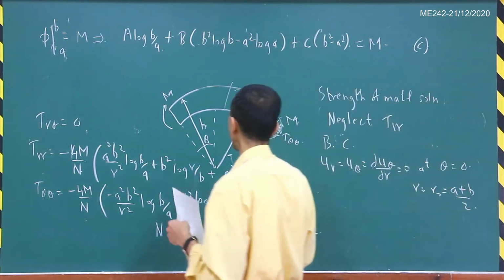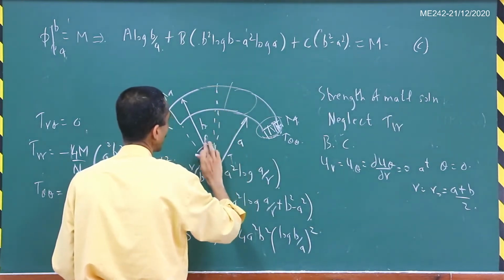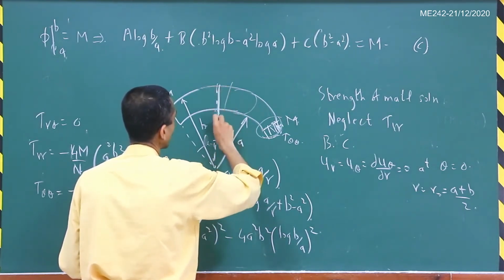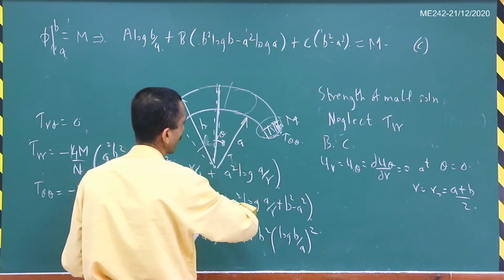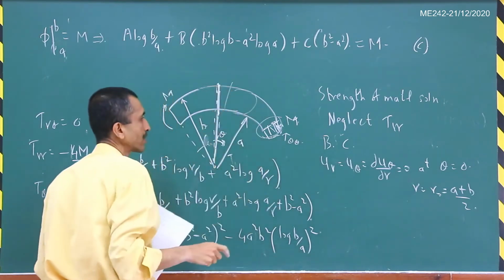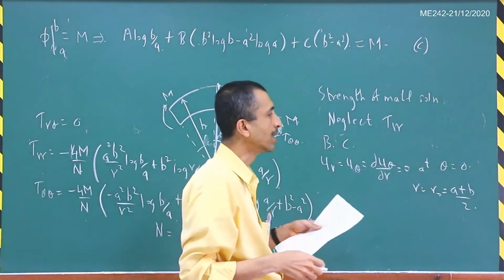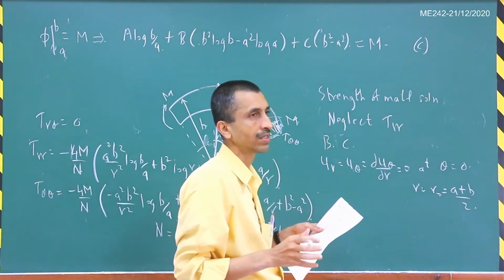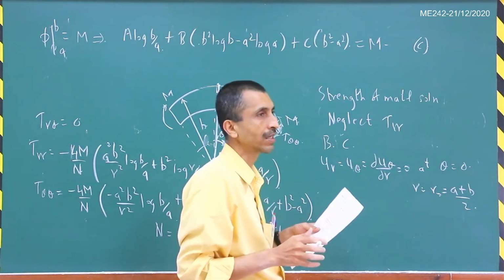This theta we are measuring from this center edge, so this is the theta equal to 0 position here. Along these fibers, we take u r equal to u theta equal to del u theta by del r equal to 0. These are the boundary conditions used in order to suppress the rigid body modes.